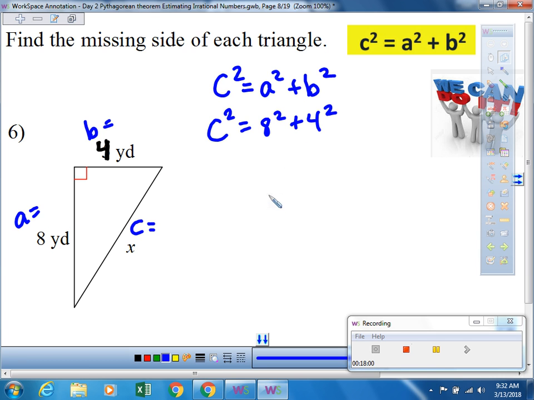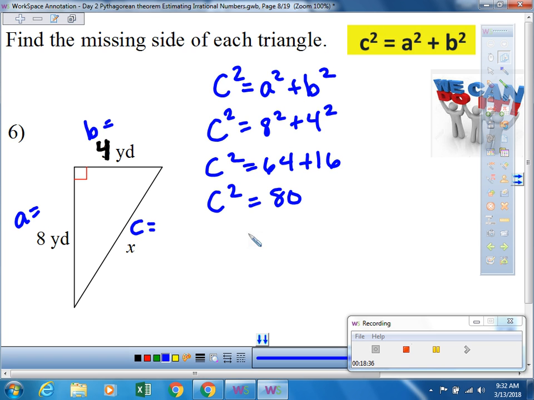So, find out what C squared equals. What's the total number? So you should have had 64 plus 16. C squared is how much? 80.